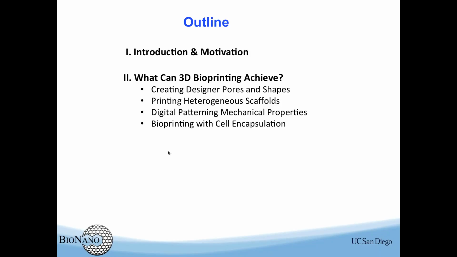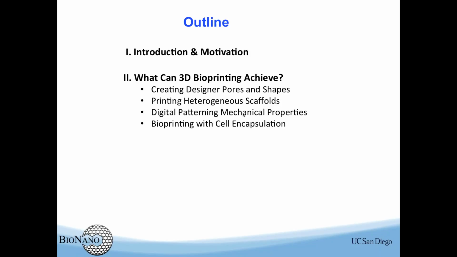I will show basically 4 areas. One is creating physical geometries. We call it designer pores and shapes for scaffolds that can be used for growing cells and other functions. Then I will show that you can also create chemically heterogeneous scaffolds by creating the device with multiple different materials.